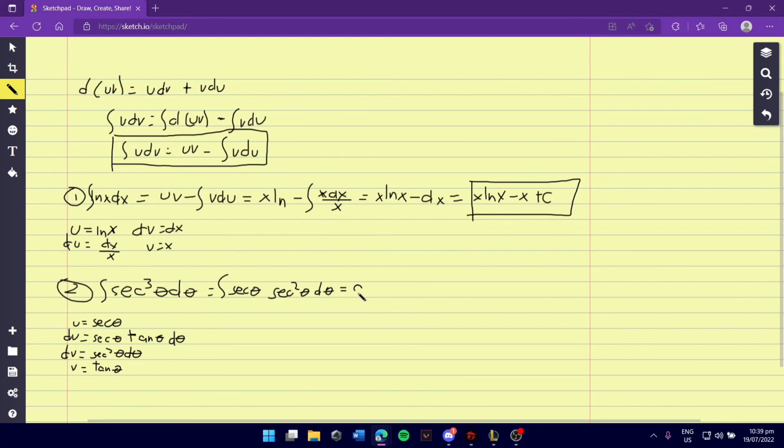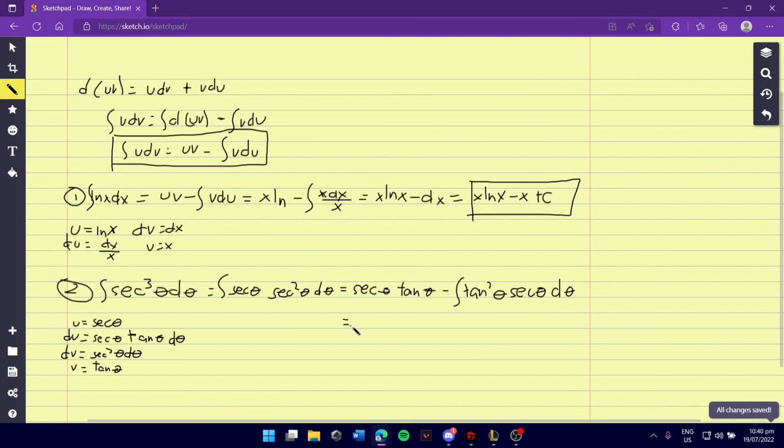Then this will become secant theta times tangent theta minus the integral of tangent squared theta times secant theta d theta.